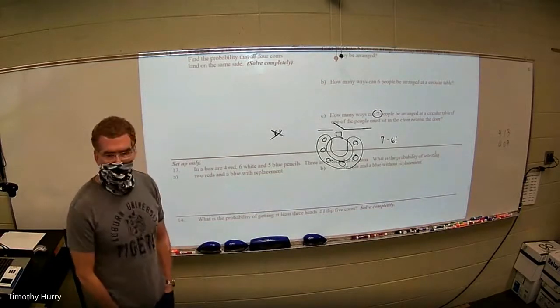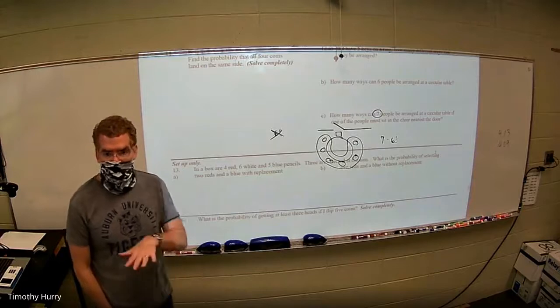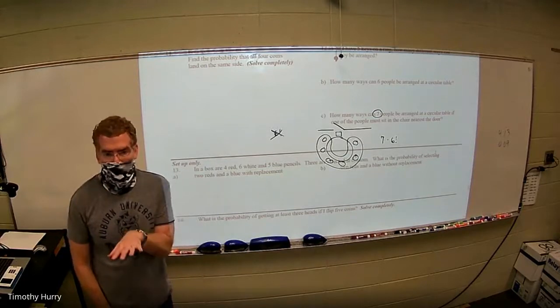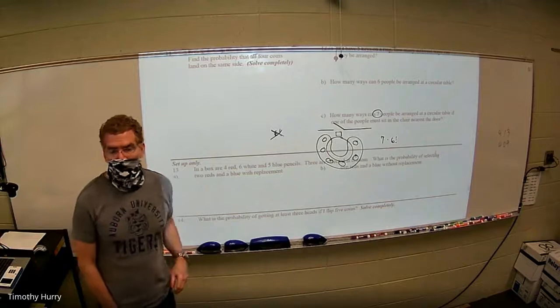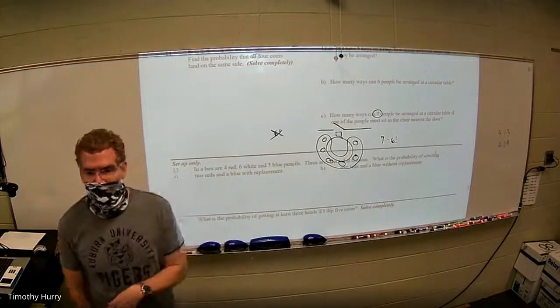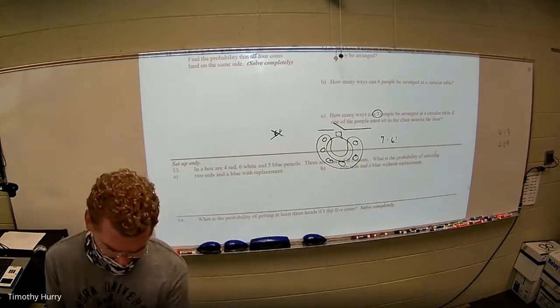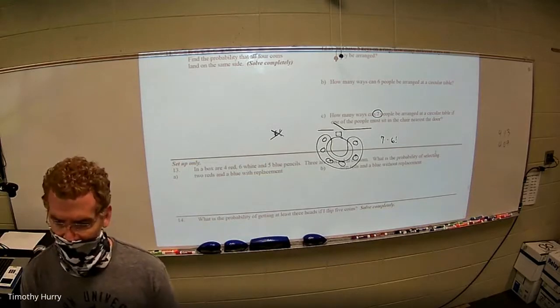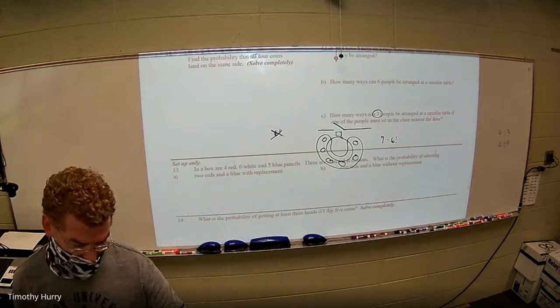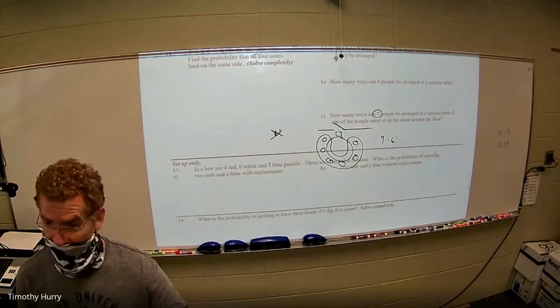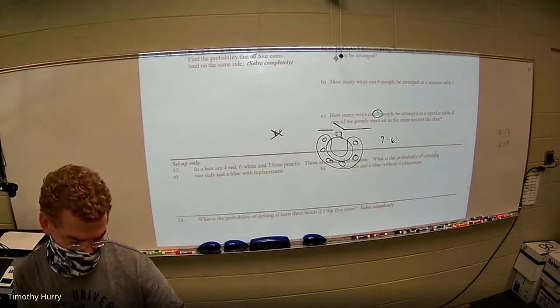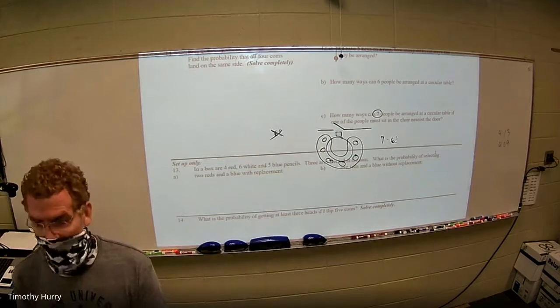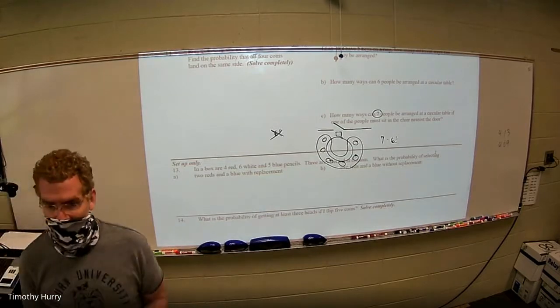Wait, so you know when you divide by 2? That would be if it's flippable. But if it's flippable, like for instance, if I could take my watch off and flip it, and it'd be exactly the same, like a necklace.